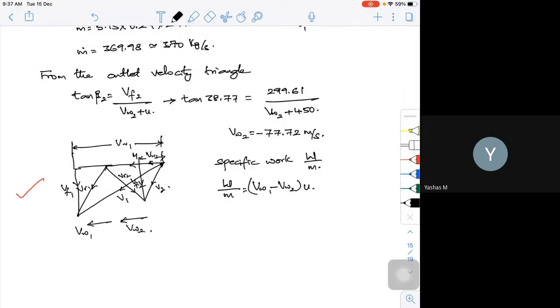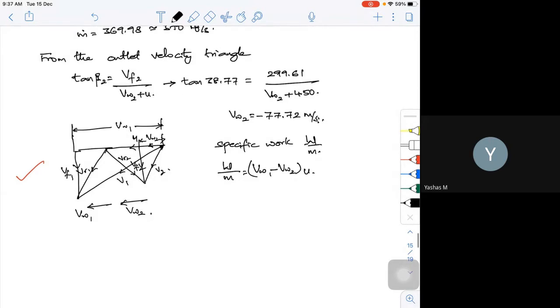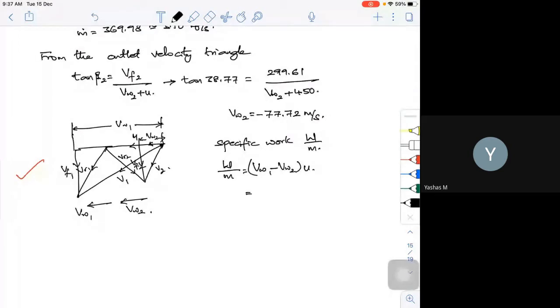If it had been in the opposite direction, this VW2 would have been plus. So if I substitute, this value is 823 minus 77.72, into 450. So this is my W by M. If I calculate, I am getting around 335.37 kilojoules per kg.